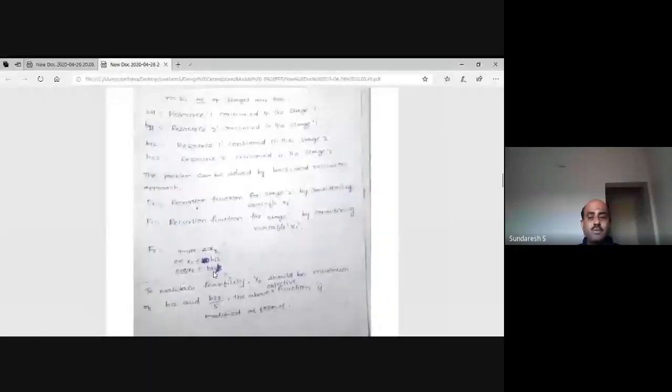We have 5x2, which is less than or equal to a value between 0 and b22. So this is the value we are going to take for stage 2.